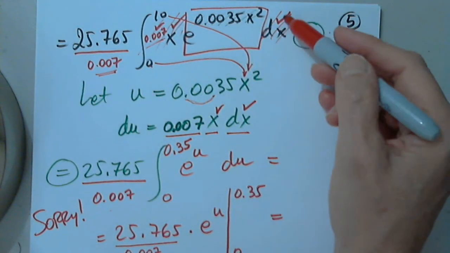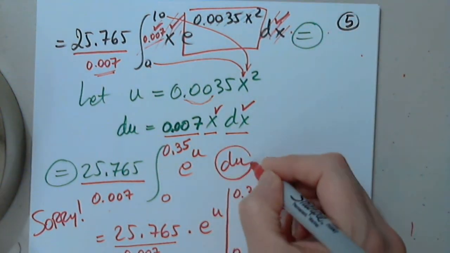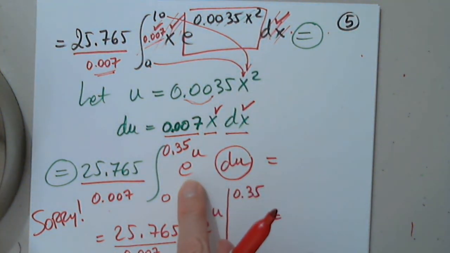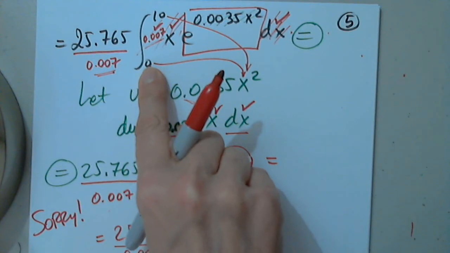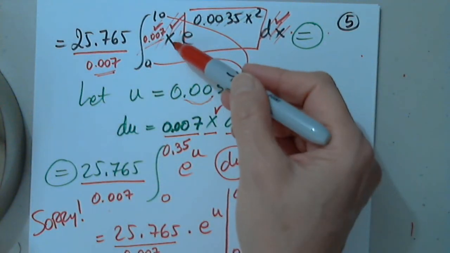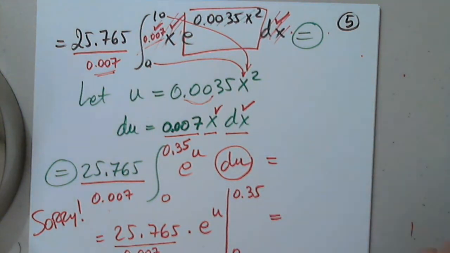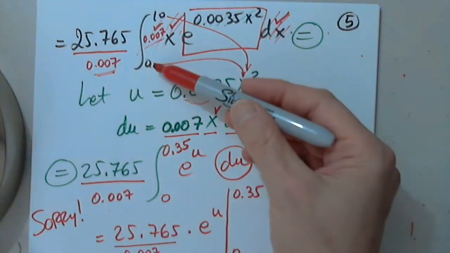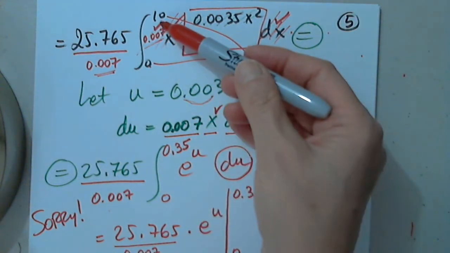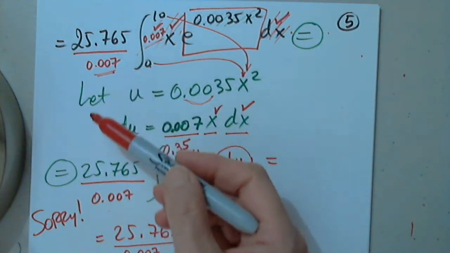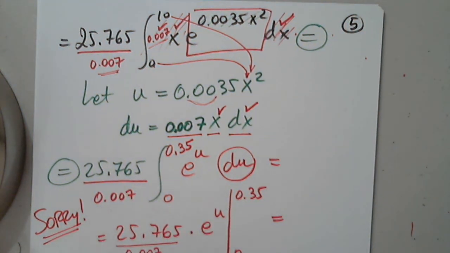These are all gone. Where are they? Here. Where is this? Here. We have to change the limits of integration, mandatory, because these are the limits for x. They cannot be the same as the limits for u. We had an example last time when they were the same. So when I plug in 0, I got 0. When I plug in 10, this is 100, so 0.35. And I forgot to copy this, so my apologies.